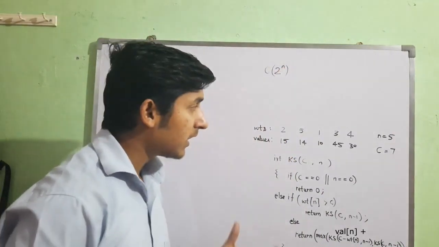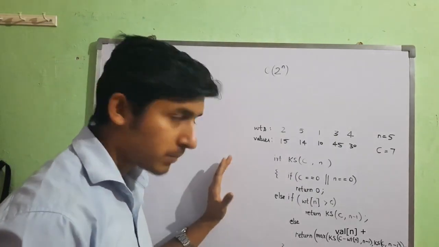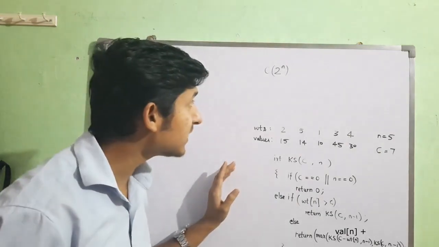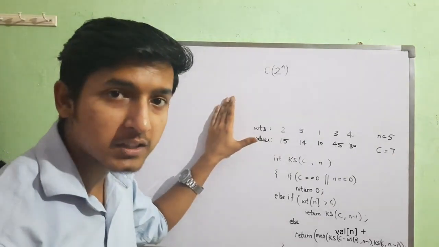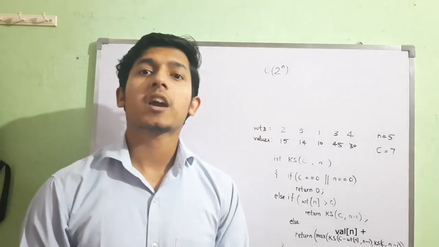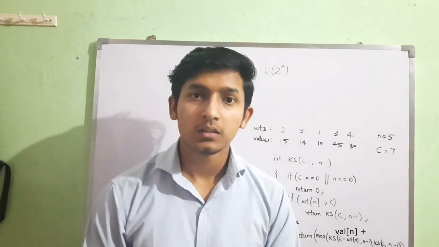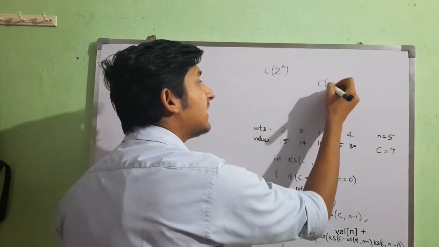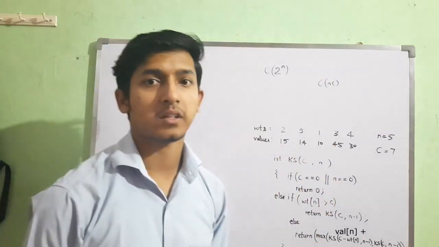But by using dynamic programming, I solved this problem with order of nc. Yes, just order of nc. That's so small compared to this. If you check out my dynamic programming video, then you will find that this problem can be solved with the order of nc. This is the power of dynamic programming.